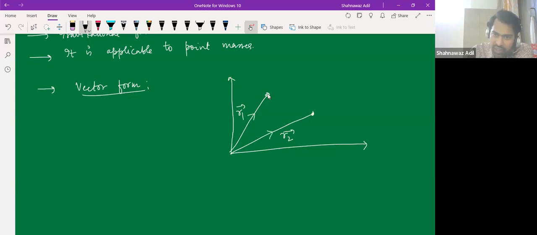And we are calculating the force on one. So this is the M1 particle, this is the M2 particle, and we want to calculate the force on M1 due to this M2, right?